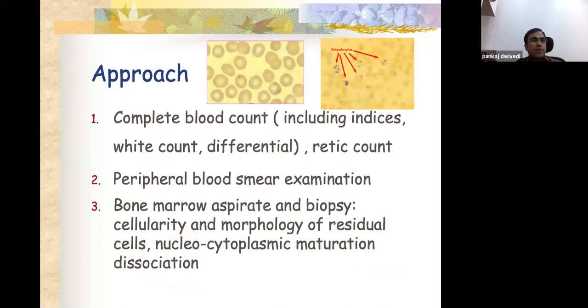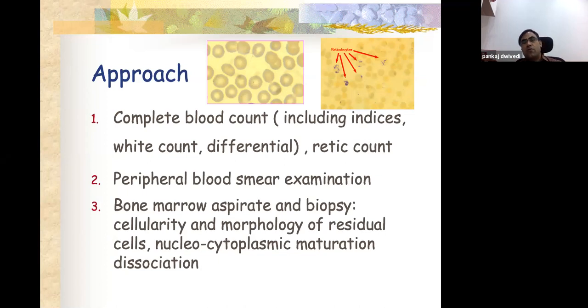Now, what do you order? You know that you are dealing with pancytopenia, and you are considering the probable cause of this low count. First and foremost important is a CBC, as I told you, CBC with peripheral smear is the most important.